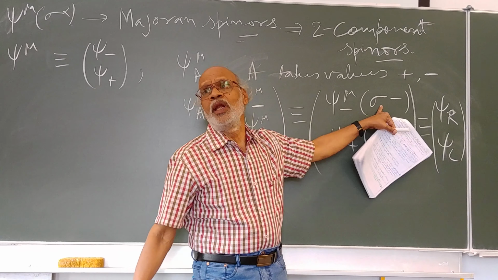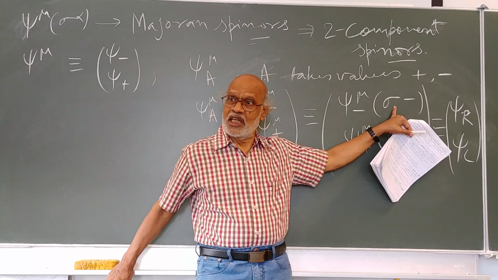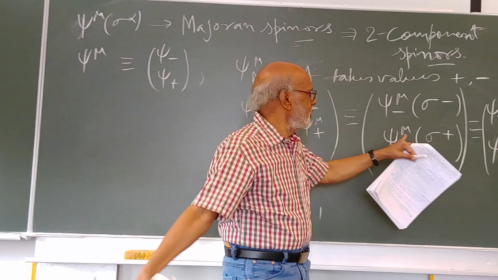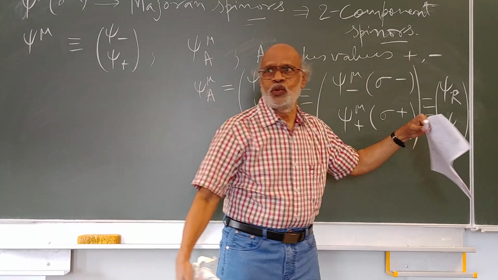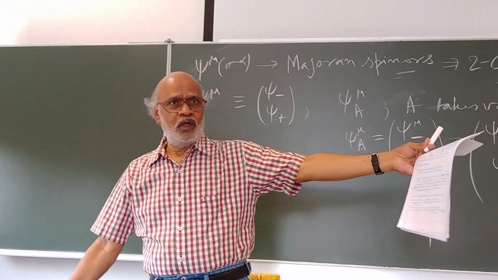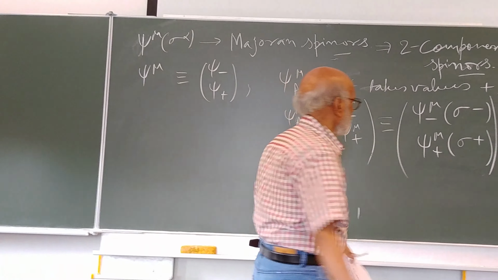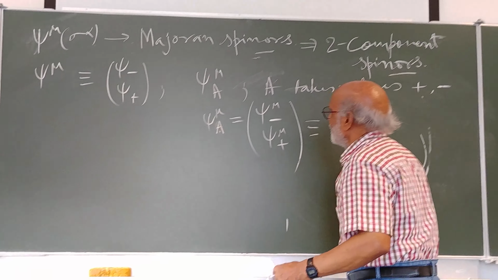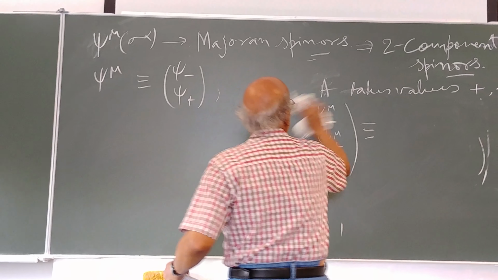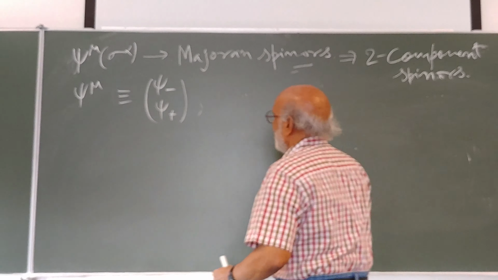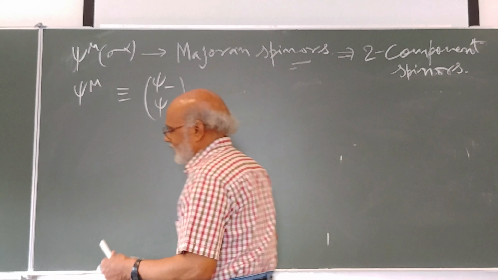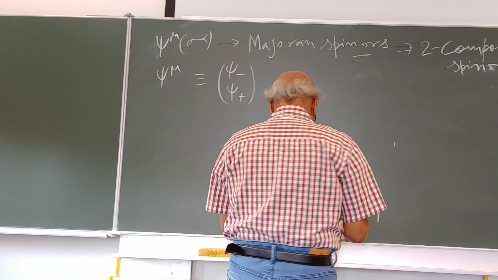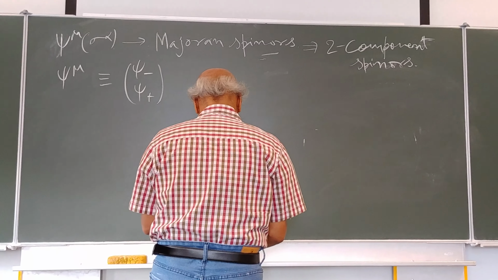Anything that depends only on sigma minus, which is tau minus sigma, could be interpreted as a wave moving to the left, and this depends on sigma plus, so this is a wave moving to the right. At the moment we can forget about this, but we remember that it consists of 2 components, and now we have to see that both of them are real also.